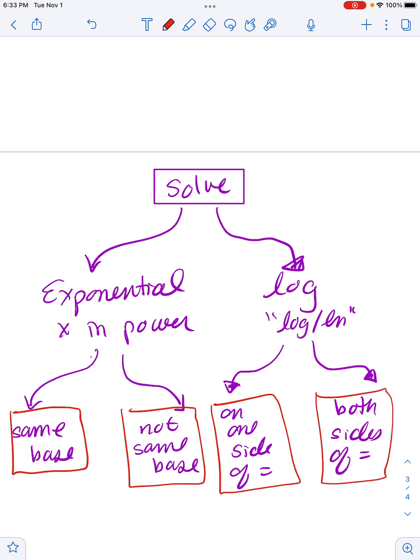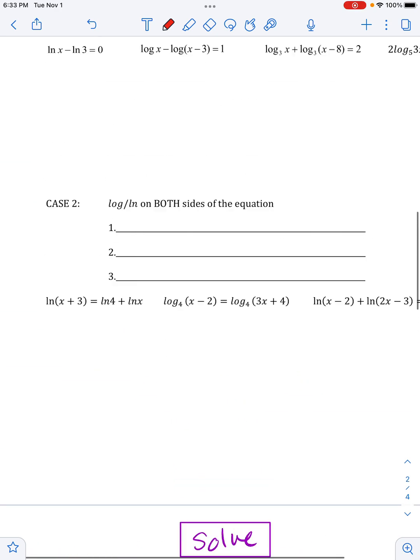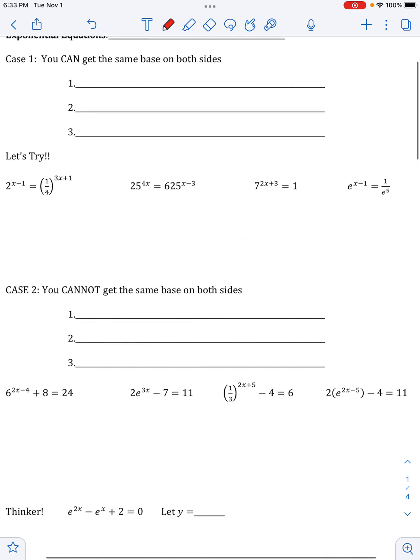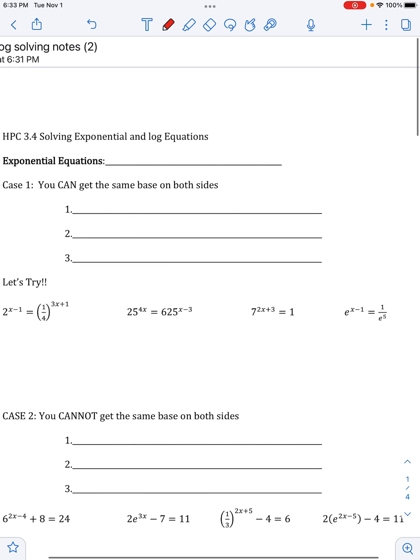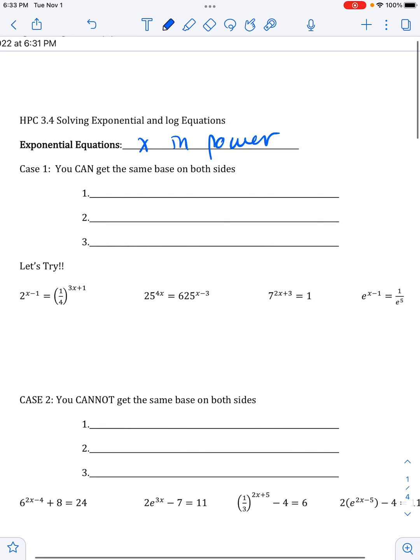You're using your eyes. And then once you've identified which of the 4 it is, you have to know your plan of attack. So let's go back up to the top. Like I said, exponential equations have x in the power. And basically what you're going to do is rewrite the equation with both sides having the same base: the base to something equals the base to something else.